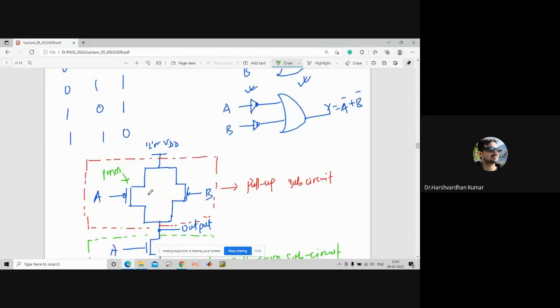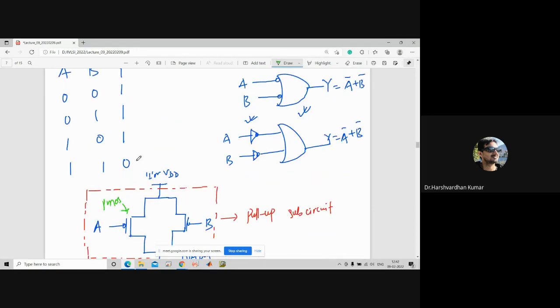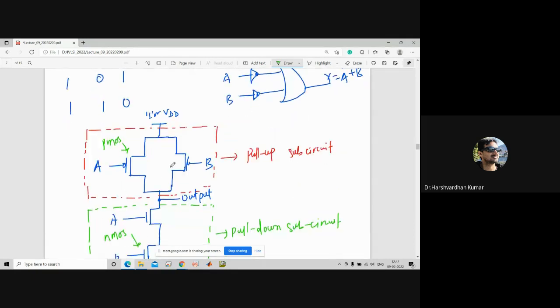Now, what will happen to the transistors if A and B are 0, 0? Will they be turned on or turned off? Turn on, right? Turn on means you will get the signal in the output, because both the transistors are turned on. Okay, good.